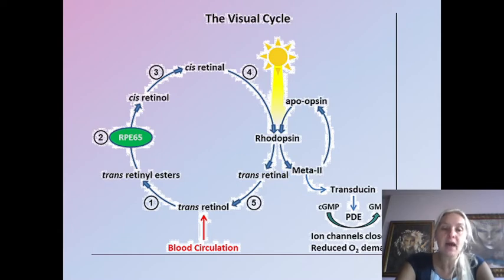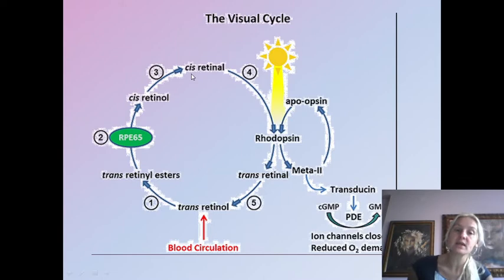And what happens here, from blood circulation, if you can follow the figure, transretinol is converted to cis-retinol and to cis-retinal, 11-cis-retinol and 11-cis-retinal. And it binds to the protein which is marked as apoopsin.